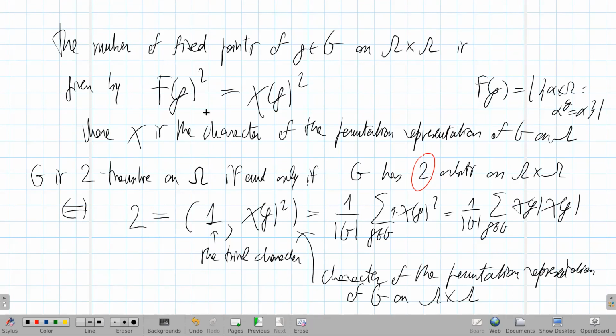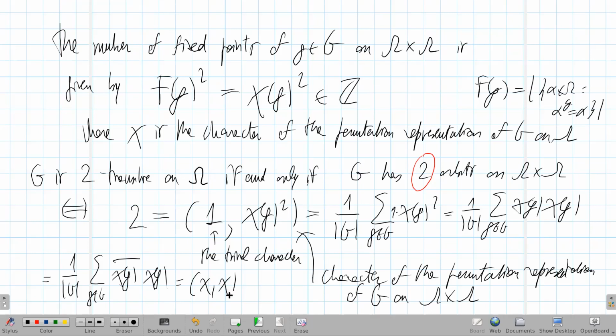But note that this is an integer, actually a non-negative integer, because it is the number of fixed points, a natural number. So this is the same thing as chi of g times its conjugate. I mean, this is an integer, so the conjugate of an integer, of course, is itself. And what's this? This is nothing else than the scalar product of chi with itself.